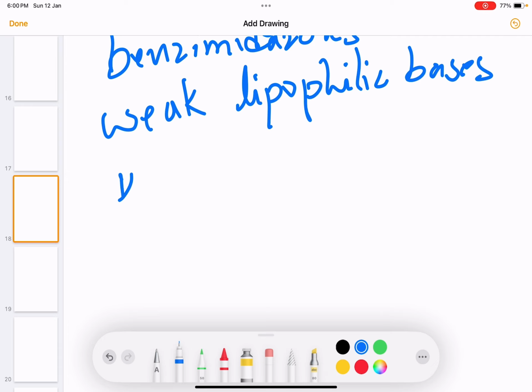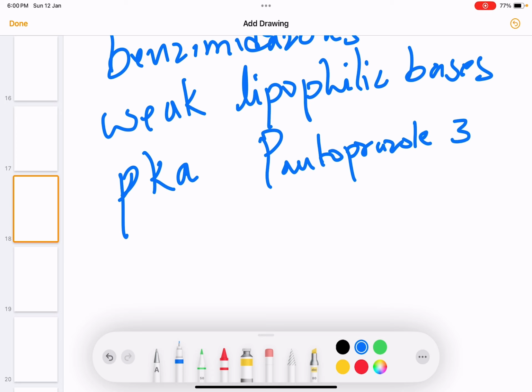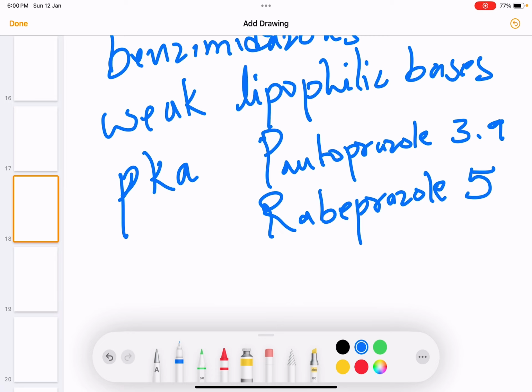They have a pKa of around 4 to 5. So pantoprazole has the lowest pKa of 3.9. Rabeprazole has a pKa of 5. And the rest all have a pKa of 4. pKa is that pH at which the drug is 50% ionized and 50% non-ionized.